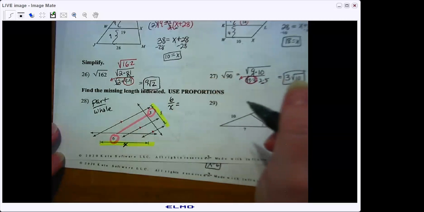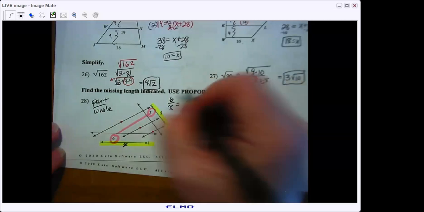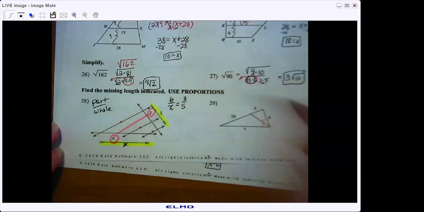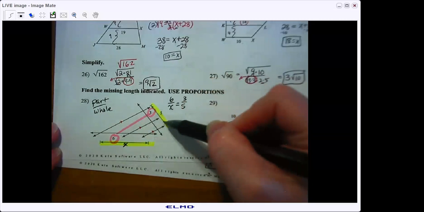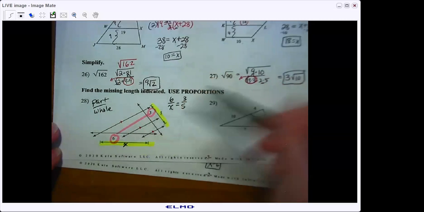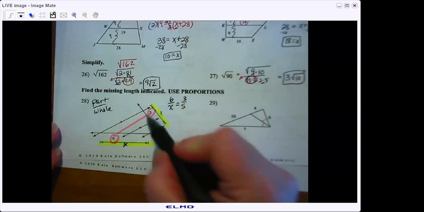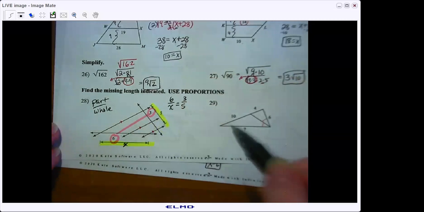Anybody? 3 over 5. Good. And you could have also done 3 over 5 and 6 over X, but we did that one. You could have done 3 over 6 and 5 over X. That would have worked too.